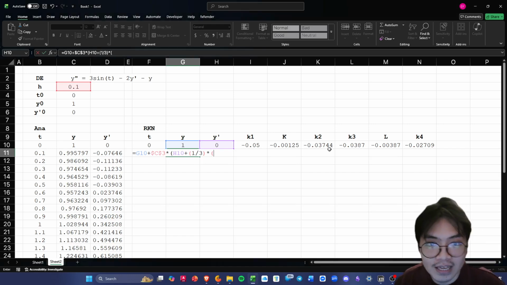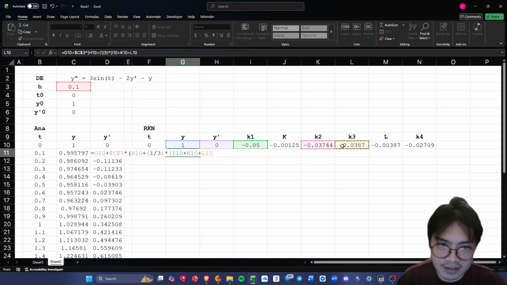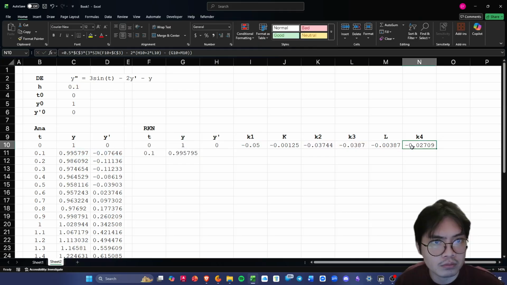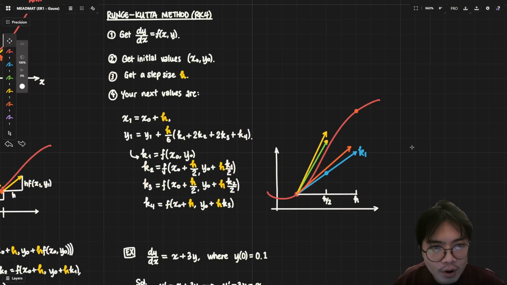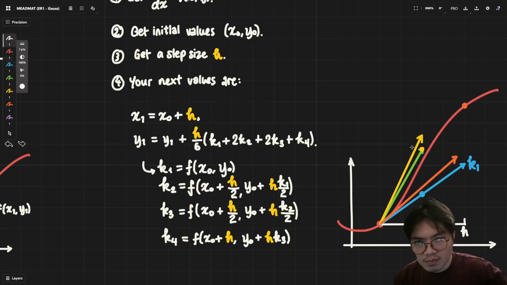If you're wondering why K1, K2, and K3, I have a suspicion, but I don't know if this is correct, that K4 is no longer counted. If we're going to apply the same kind of logic just like before, our K4 methods only apply this 1, 2, 2, 1 weighting system to the immediate next derivative.